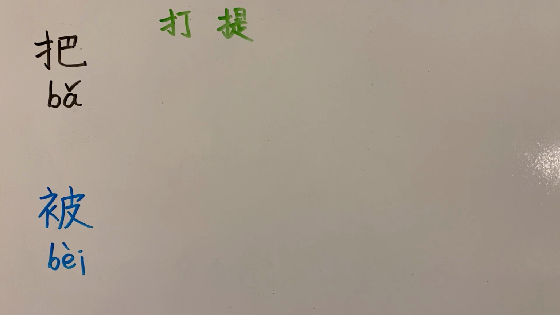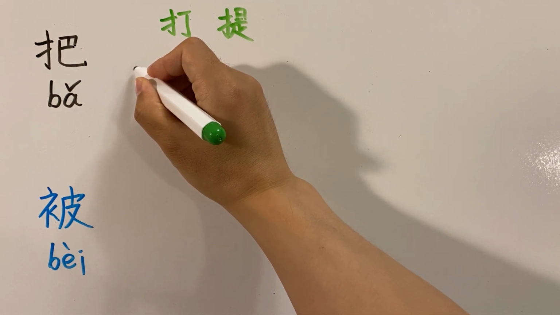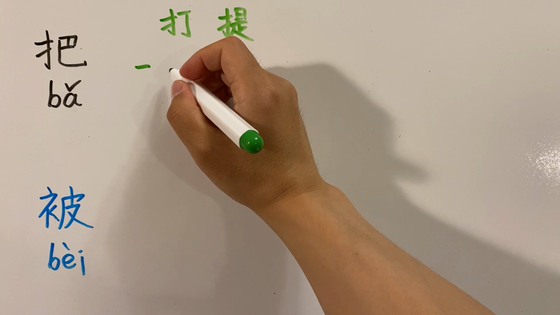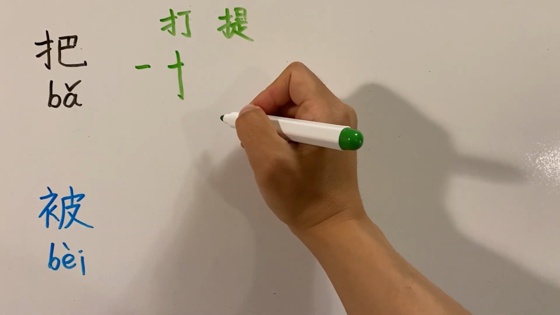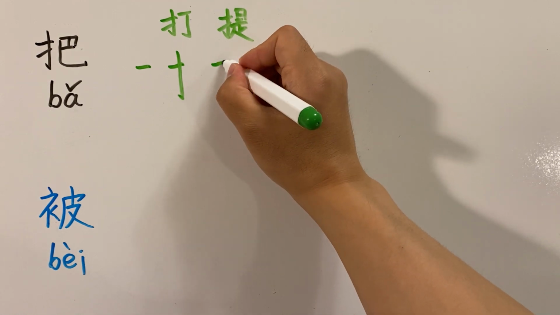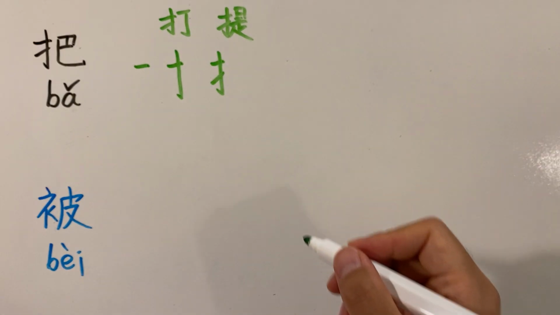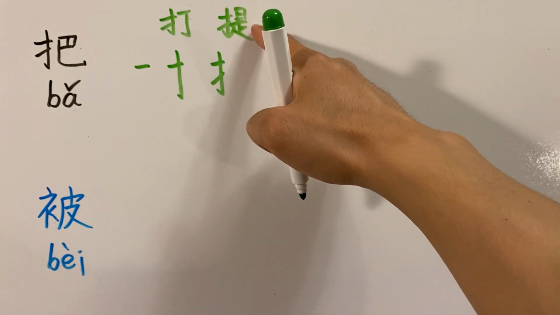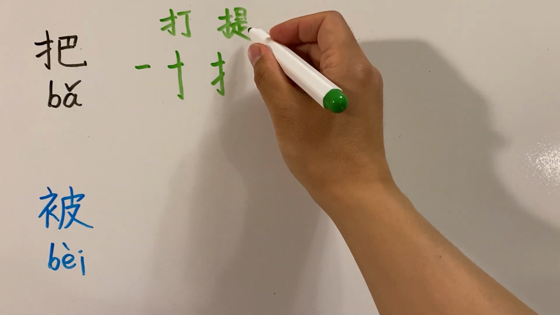Let's break 把 into parts. The left part: the first stroke, the second, and a hook. The third stroke is also called 提.